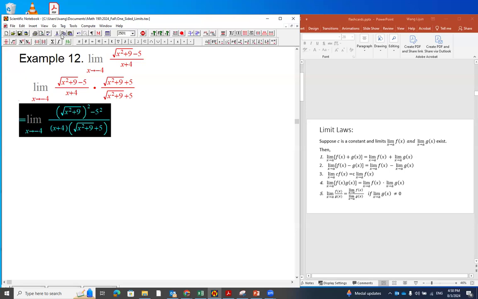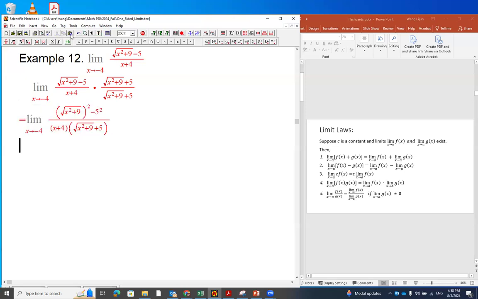And the next step, we're going to simplify. Keep the denominator as is. And the top is going to be x squared plus 9 minus 25, and that will give us the next expression, which is x squared minus 16.